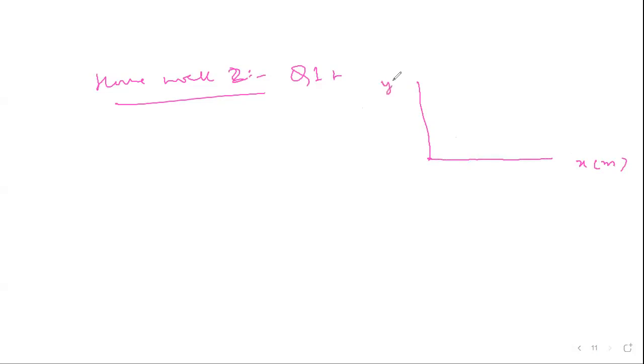This side it is y in meters. Then this is origin. So let me make the graph. Right? x is in meters, y is in meters. So here I have 1, here I have 2, here I have 1, and this point is 2.